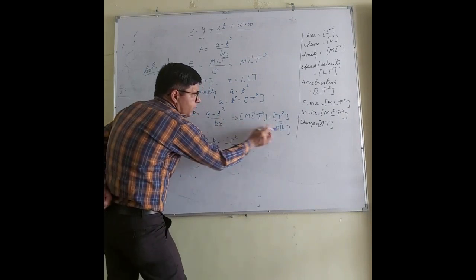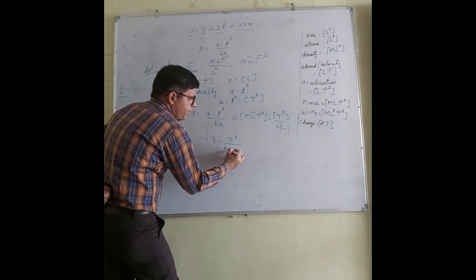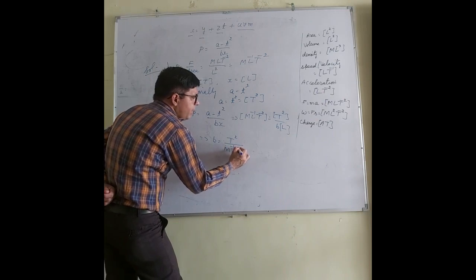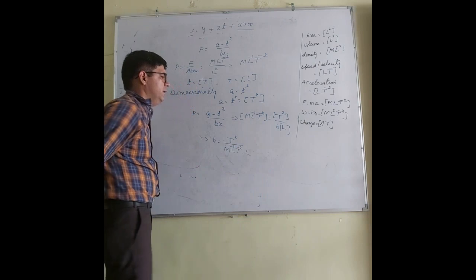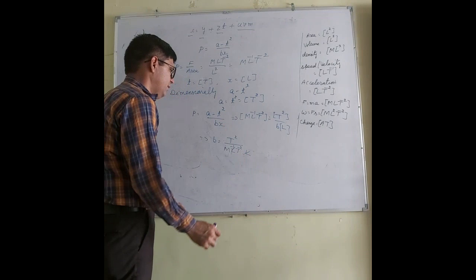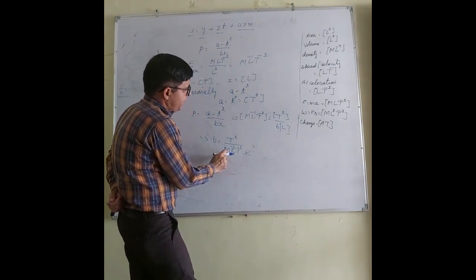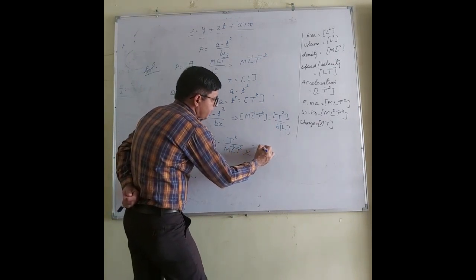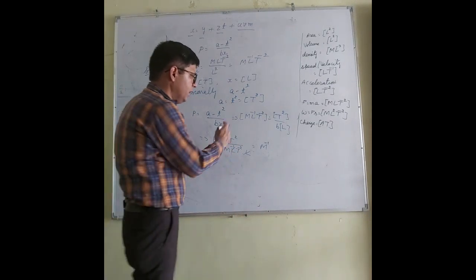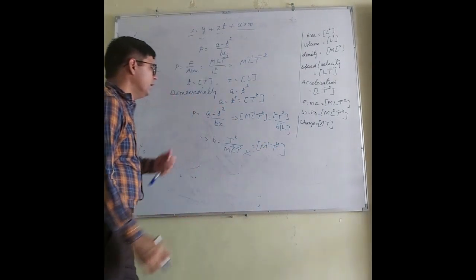Now using cross multiplication, M L minus 1 T minus 2 L. This L gets cancelled. So what I got? When this M is shifted to the numerator, its power will be minus 1. And T minus 2, when it is shifted, it will be plus. So this is the dimension formula of B, M minus 1 T to the power 4.